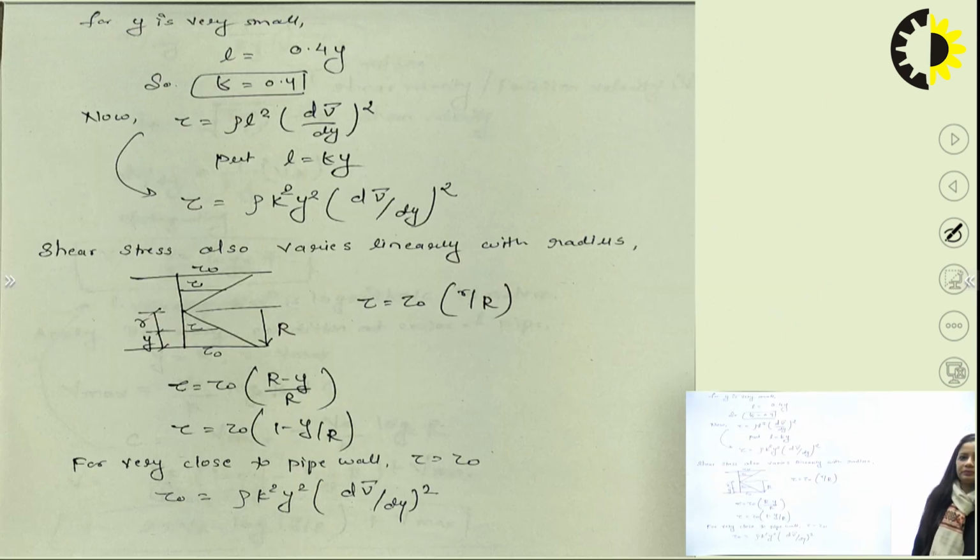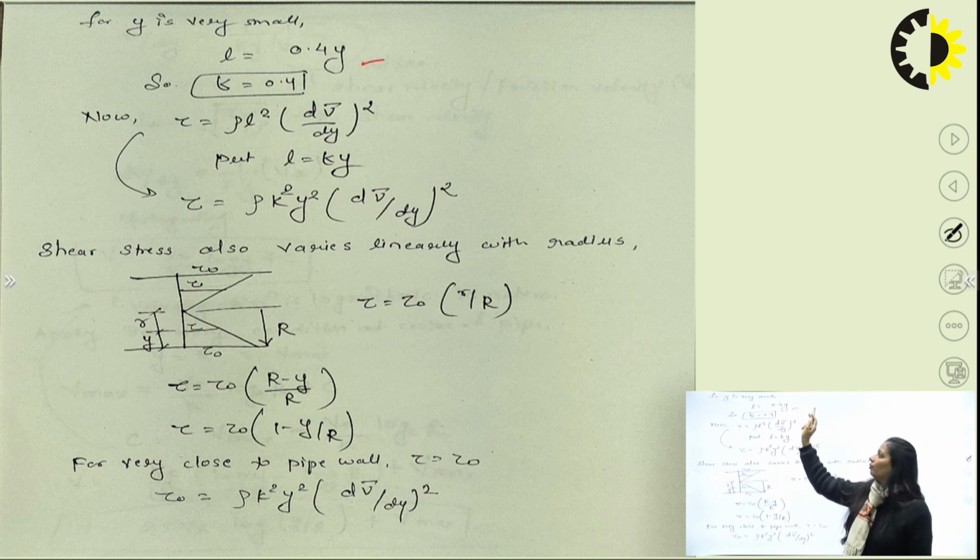For Y very small, L is simply 0.4 Y, as we have just assumed, so your kappa will be equal to 0.4.